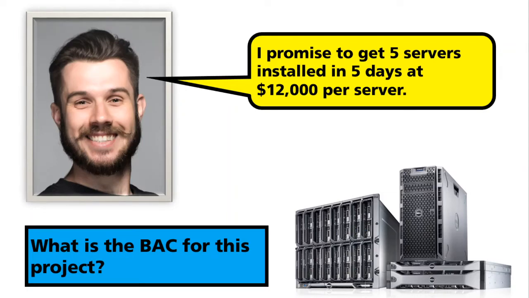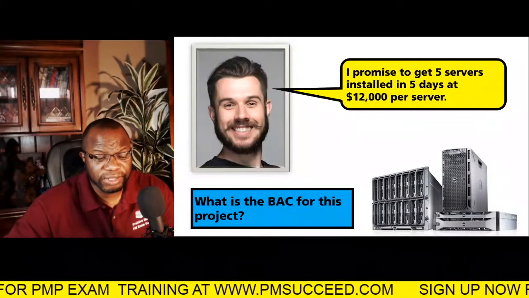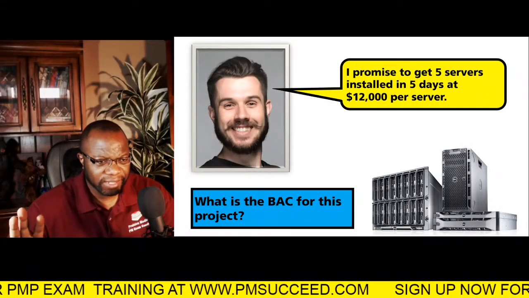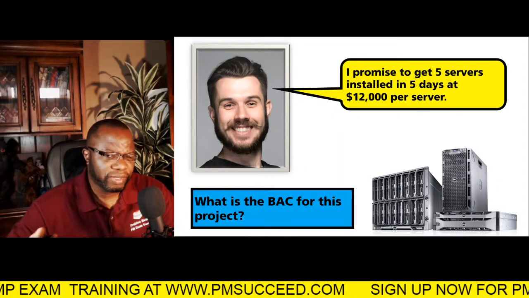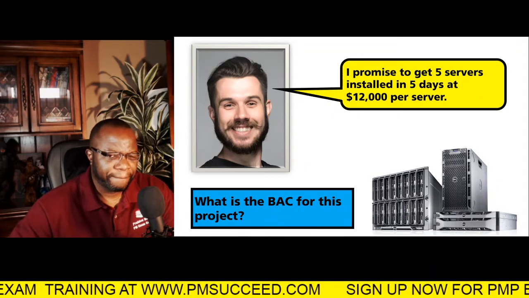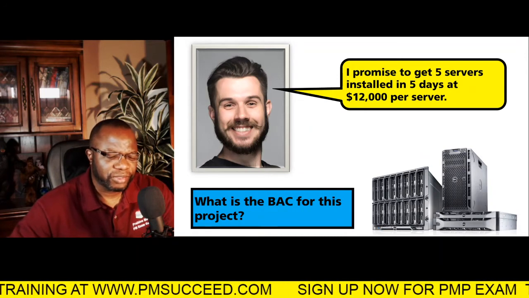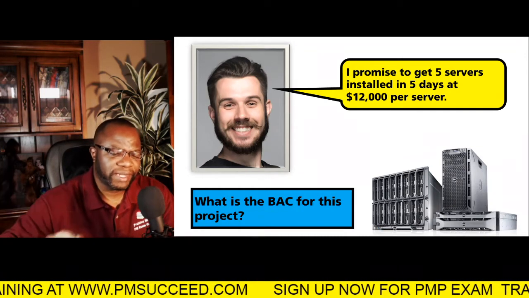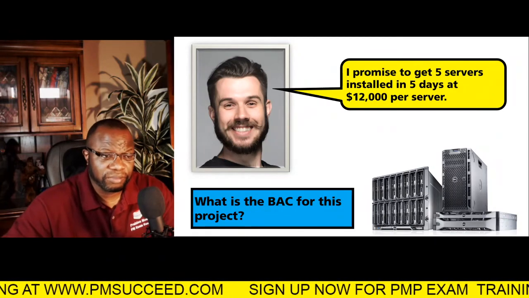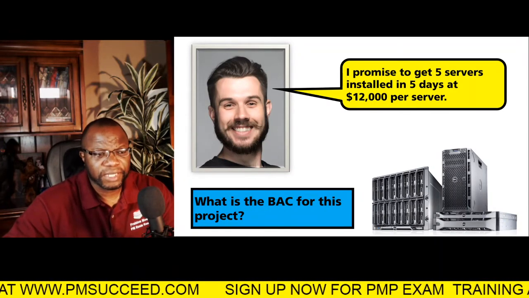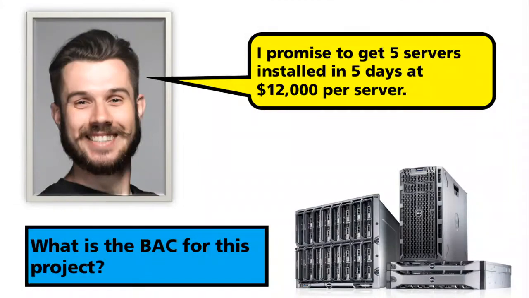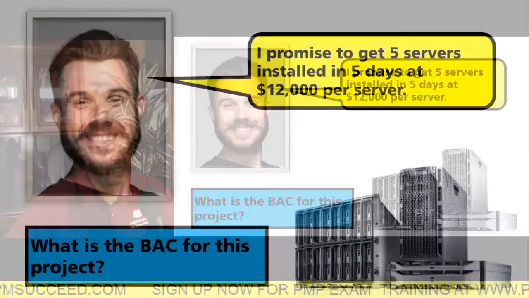First of all, you want to identify that the time box for this project is 5 days. You want to identify that every day your planned value is $12,000. So you need to be able to take the question and make sense out of the metrics, the numbers that you're given.